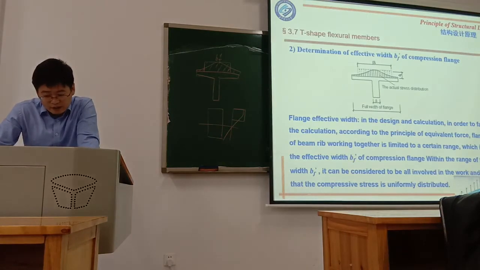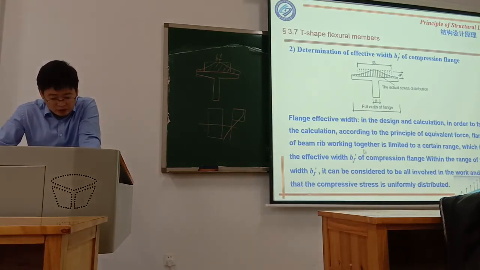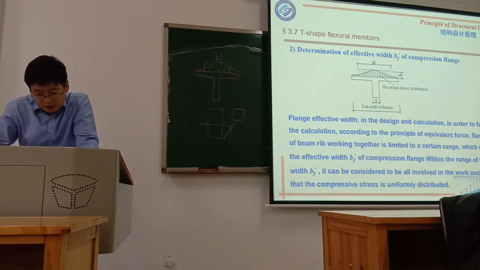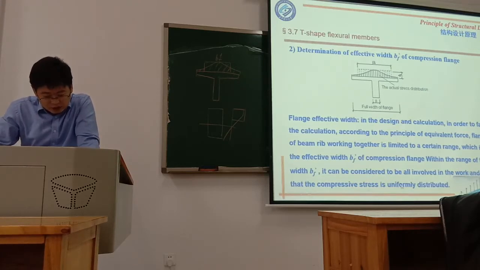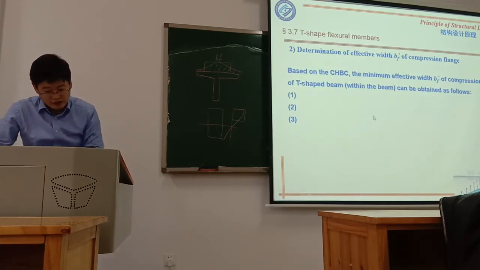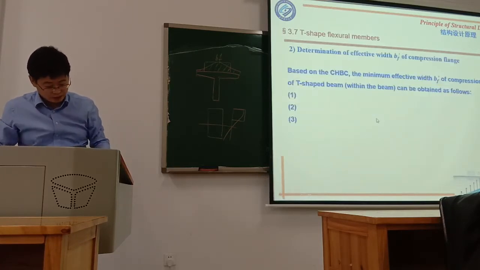So the flange width of the beam working together is limited to a certain range, which is called the effective width b_f' of the compression flange. Within the range of the flange, it can be considered all involved in the work, assuming the compression stress is uniformly distributed.